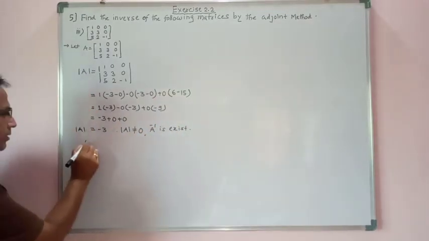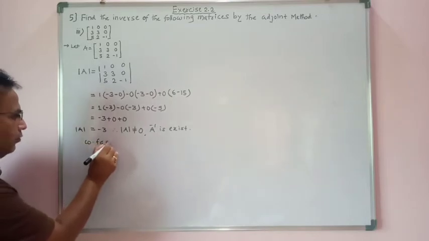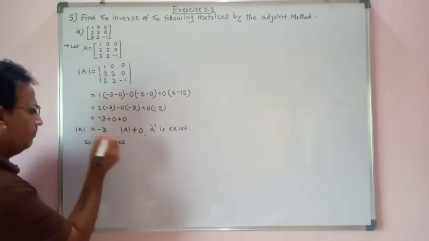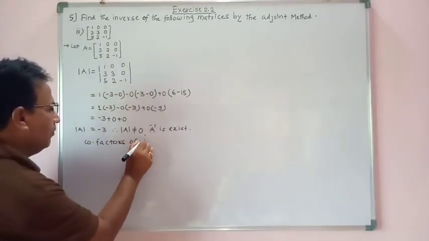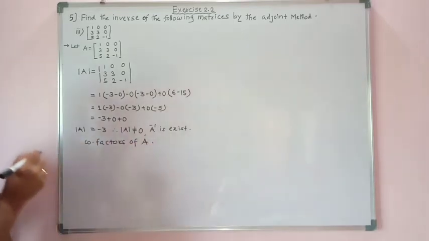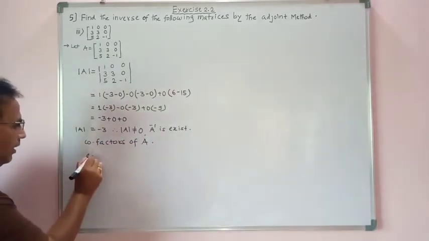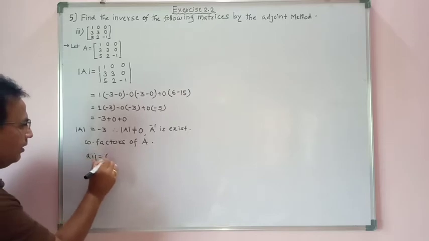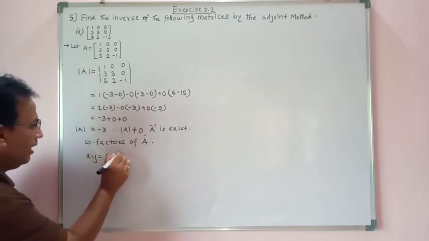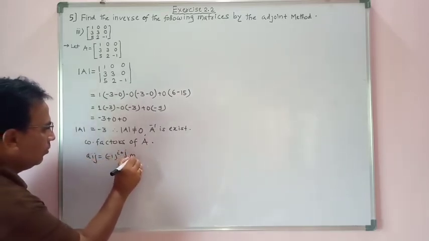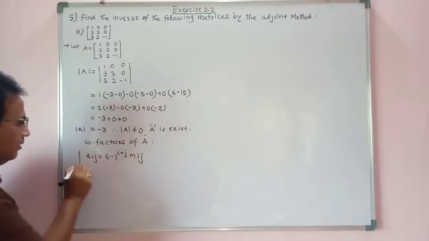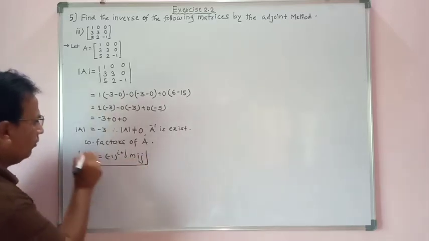Find the cofactors of matrix A. We use the formula Aij equals minus 1 raised to i plus j into Mij. This is the formula for the cofactors.